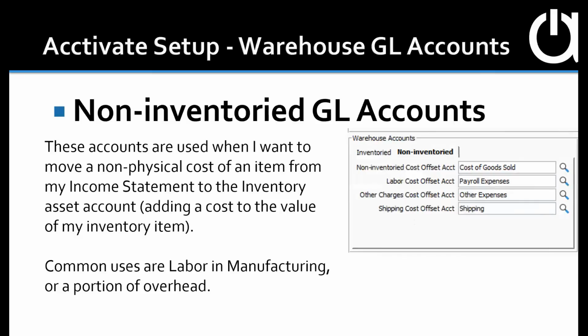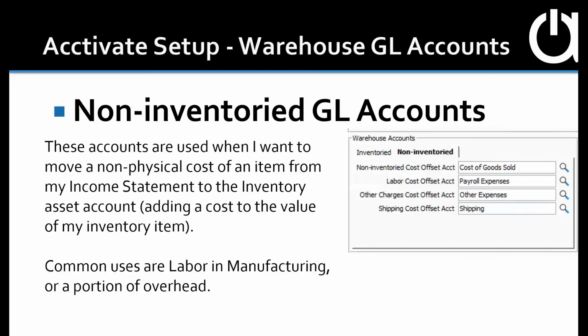So normally what I would have is my labor cost offset would be a payroll expenses offset, like a sub account, so I can make sure I'm capturing enough of the payroll expense into that line. And you can do non-inventoried, where we move a non-inventoried standard cost from cost of goods sold up into the item that we're manufacturing or selling.